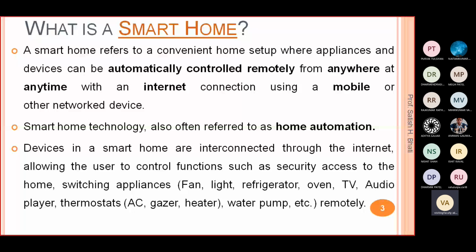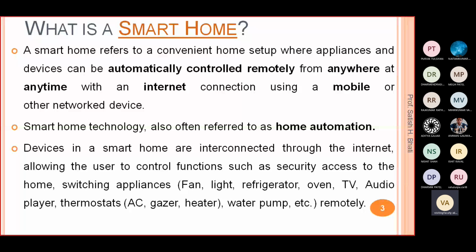Because your room temperature is high. So what you'll do, whenever you are some 5 minutes away from your home, while you're driving, you switch on the AC in your room. So when you reach your room, the cooling of your room will be appropriate, right?